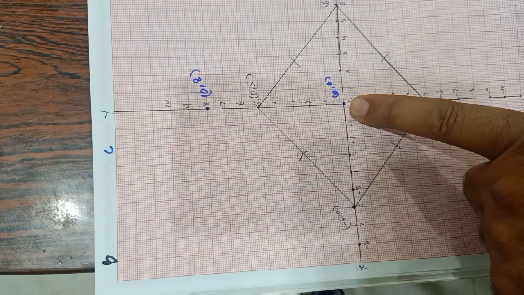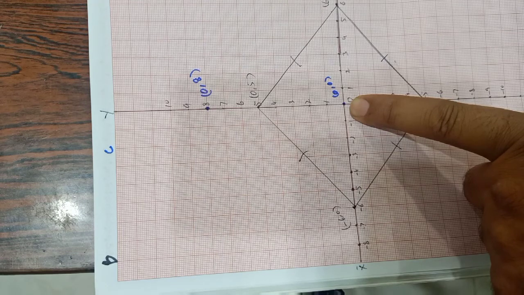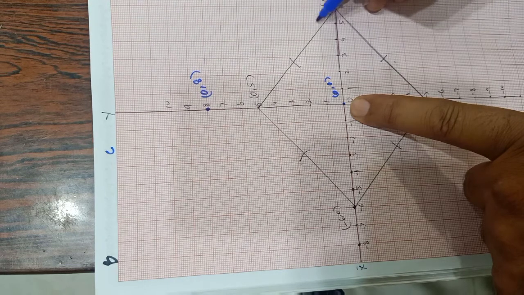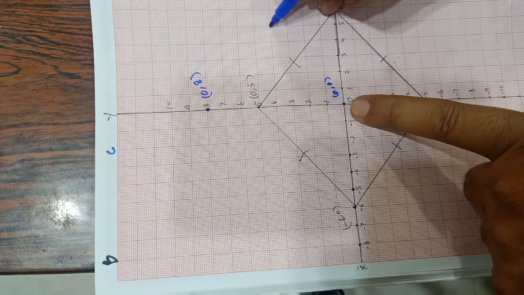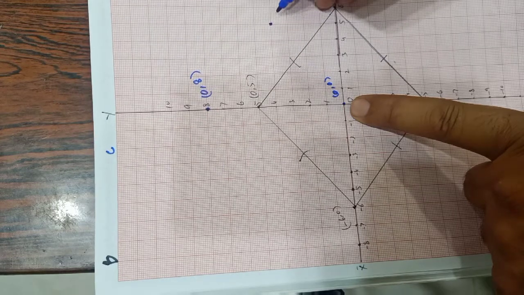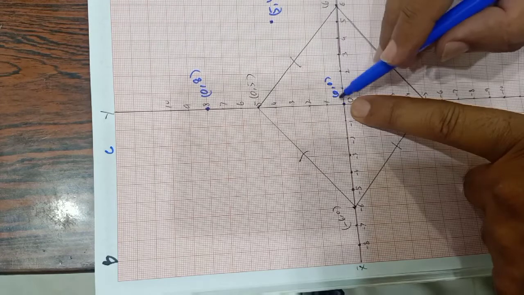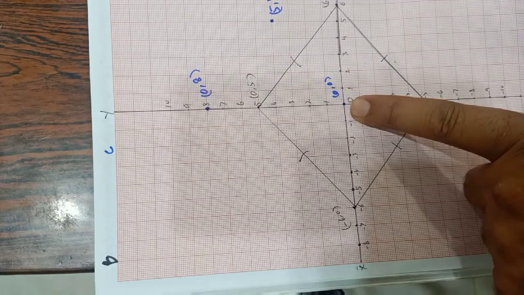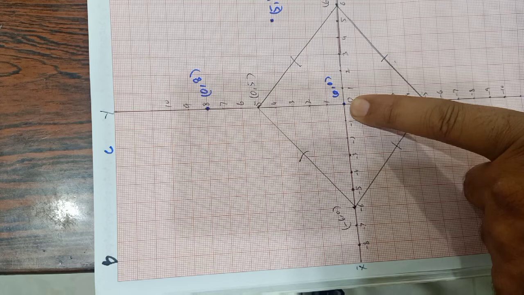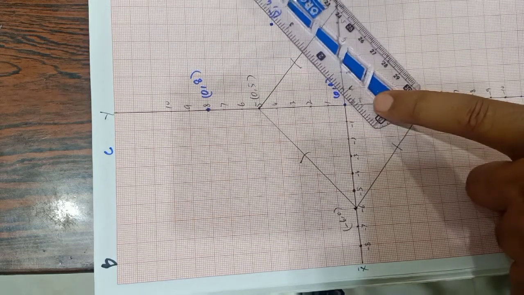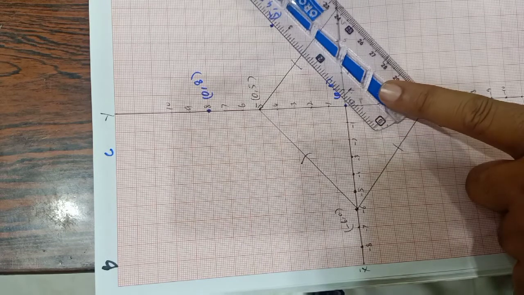And the last pair of coordinates is 5 and 4. So it is 5 and 1, 2, 3 and 4, and this point is indicating 5 and 4. Now students, I will join all these 3 points with the help of a scale, and we will find what kind of figure it is.